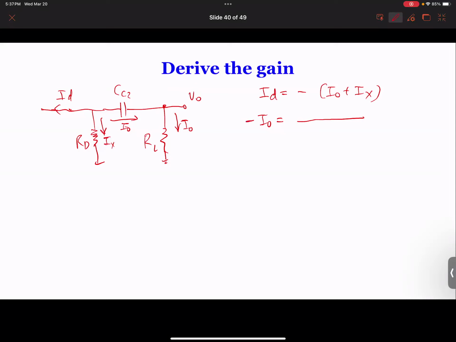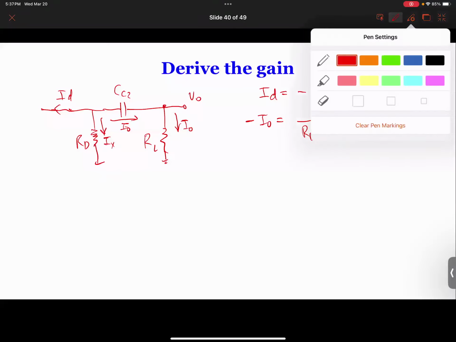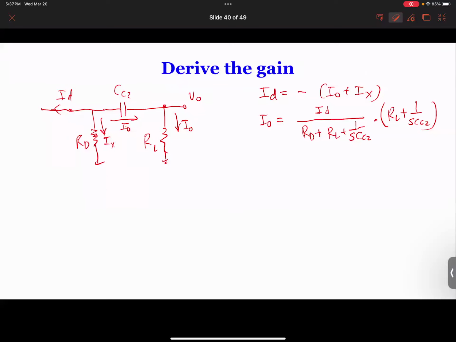Or you can say IO equals minus ID over RD plus RL plus 1 over S CC2 times RL plus 1 over S C2. That's your current. If we remove the minus sign on this side, we can add the minus sign on this side. So we can get I.